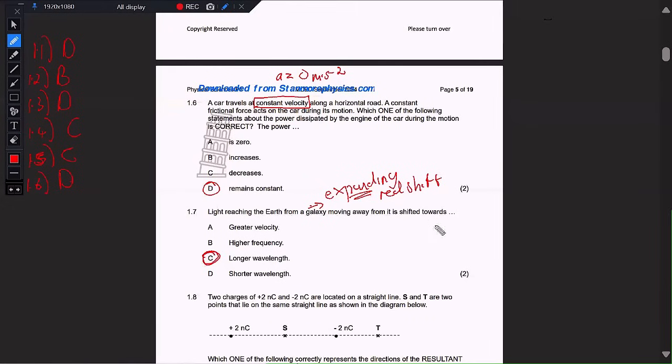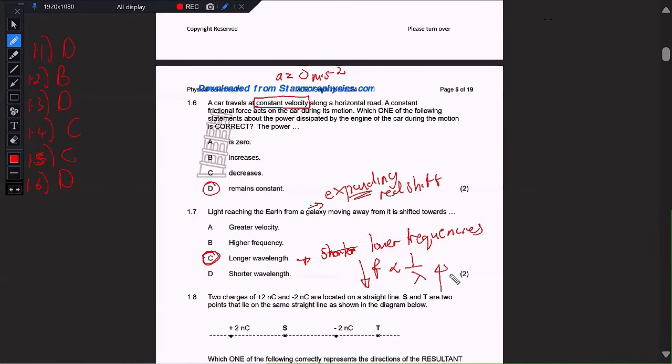So to the longer wavelength. Obviously with a longer wavelength, that means the frequency is becoming smaller. Most of the time we are used to saying it is moving to lower frequencies, right? So we know with the redshift, it's moving to lower frequencies. But considering the relationship between frequency and wavelength, we know that with a lower frequency, we have a longer wavelength, right?